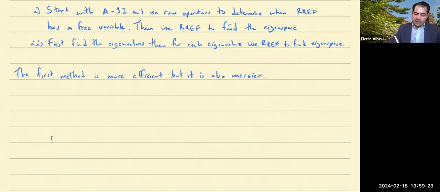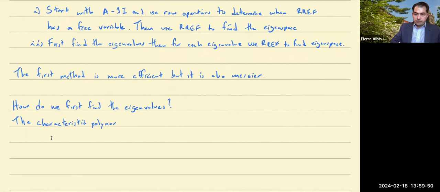Okay, but let's say you wanted to do the second method. How do you do the first part? First, find the eigenvalues. Well, you use something called the characteristic polynomial of a matrix.